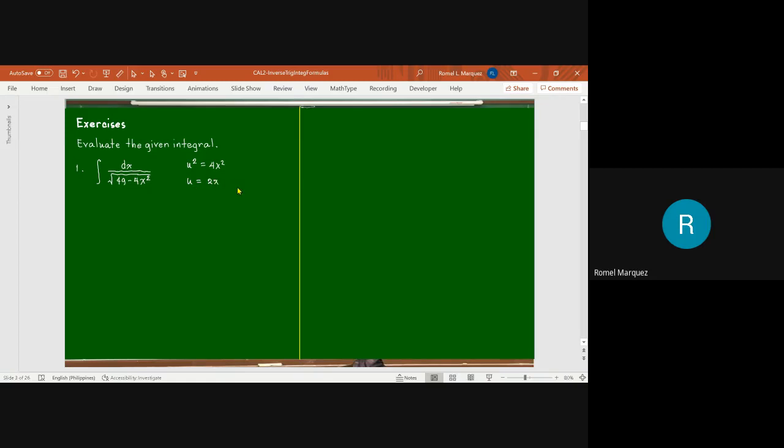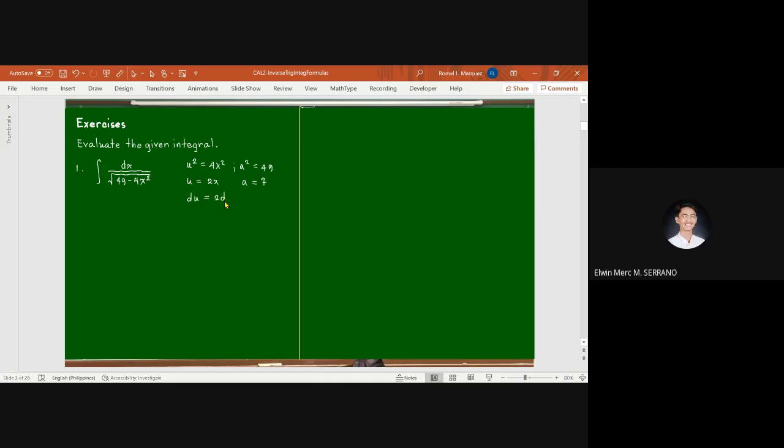So this is my u. So what is my a squared? My a squared is 49, so that my a is 7. Let's take positive also for simplicity. Okay? So if a is 7 and u is 2x, what is the differential of u, guys?